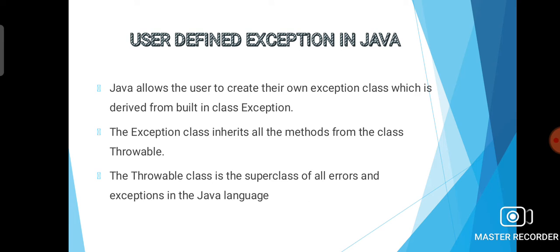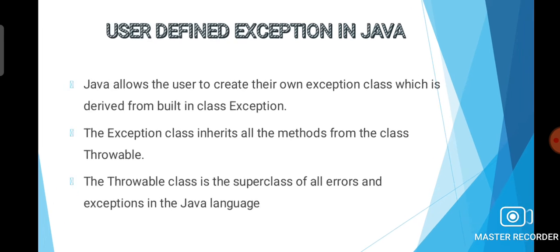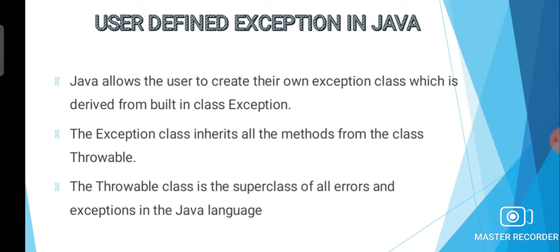In Java, exceptions are of two types: built-in exceptions and user-defined exceptions. Built-in exceptions means there are several classifications of exceptions defined in Java libraries. And user-defined exceptions means the user can create their own exception class which is derived from the built-in class Exception.